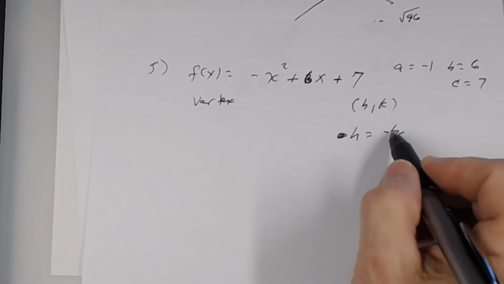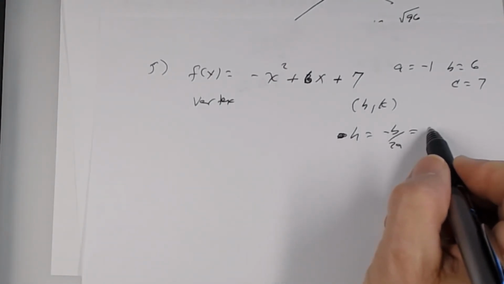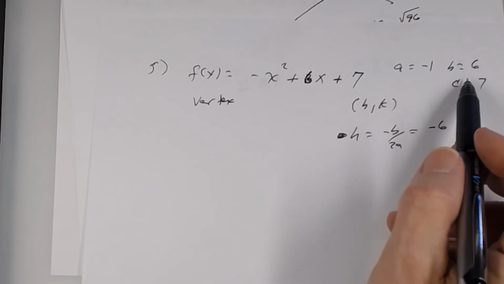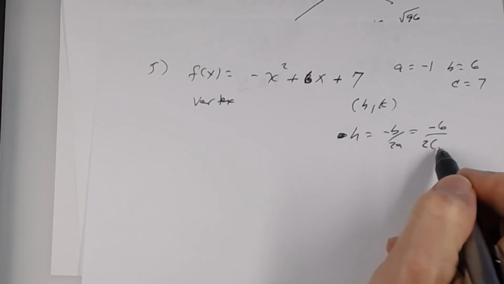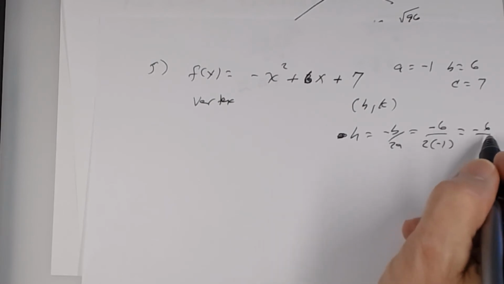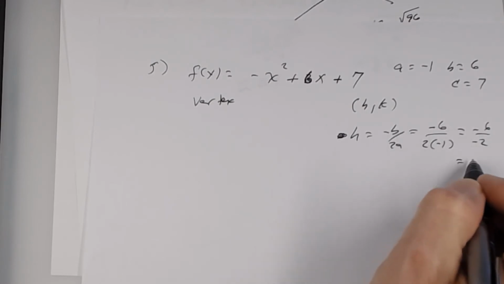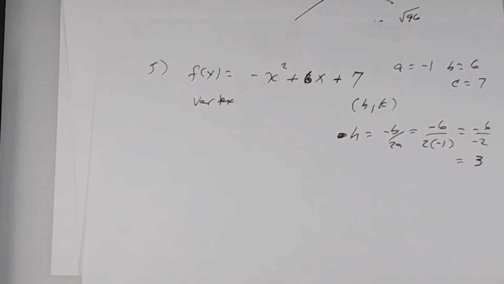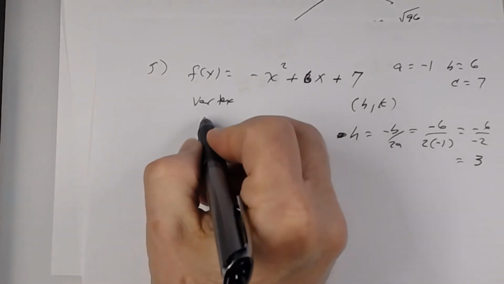So, what is the opposite of b? Negative 6. So, if b is 6, the opposite of that's negative 6, over 2 times a. What's a? Negative 1. So, that's negative 6 divided by negative 2, which is 3. So, I found the x-coordinate of the vertex.